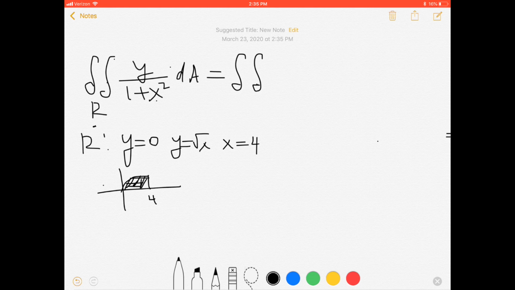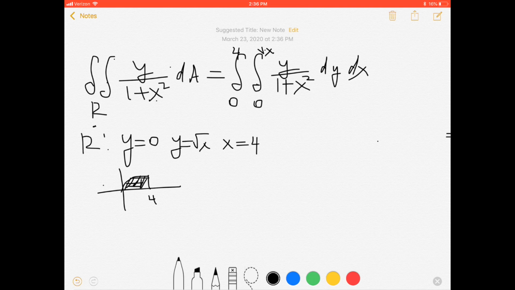And then I integrate for y the function y over 1 plus x squared dy dx. What order is preferred for us? It all depends on how easily you write your region and how easily you integrate your function.